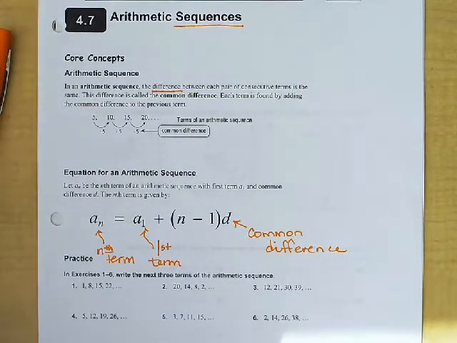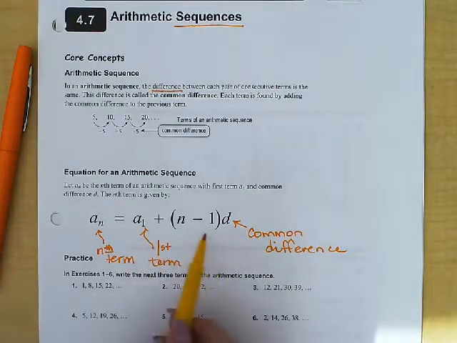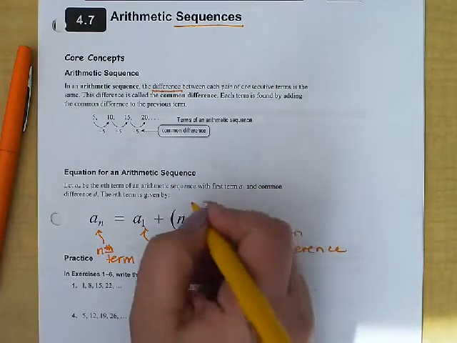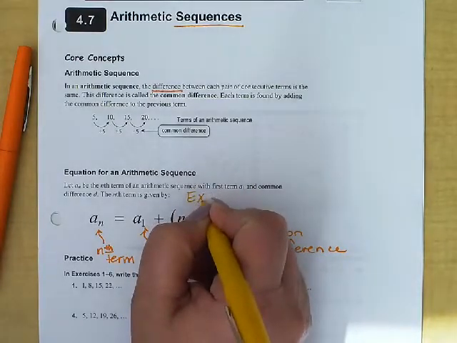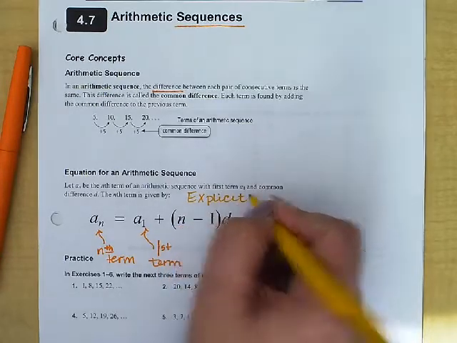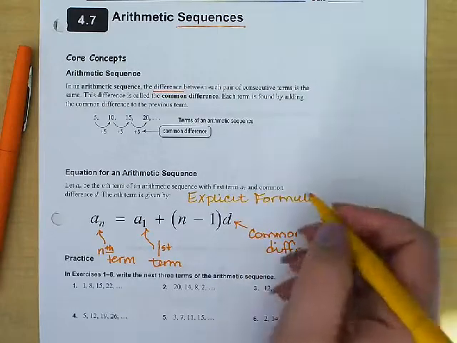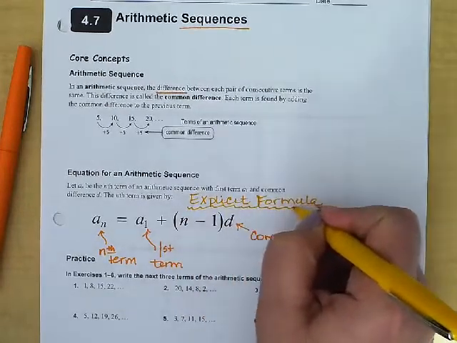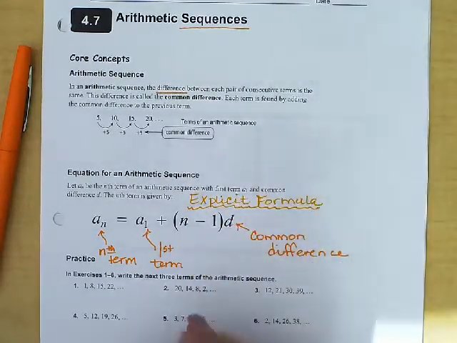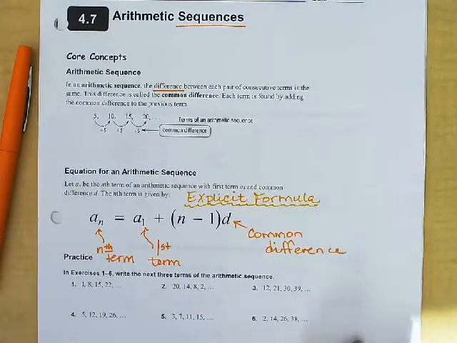Now, there's one major thing that I want to emphasize that we didn't really talk about yesterday, since we were just introducing and kept it slow. These two equations that we came up with, the one for geometric sequences yesterday and this one, is what we call the explicit formula. So write that down. This is the explicit formula for an arithmetic sequence, and yesterday's was the explicit formula for a geometric sequence.